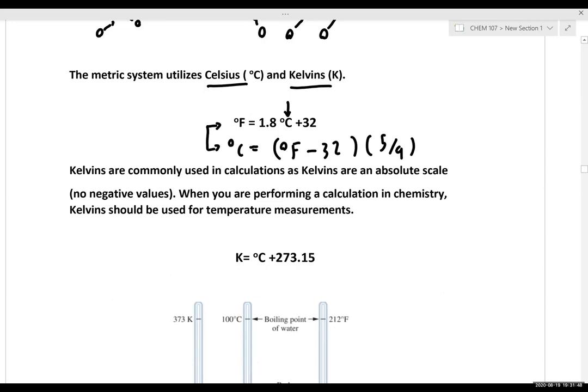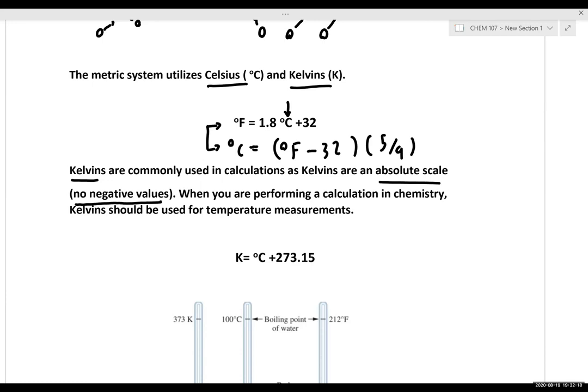Now, the most common temperature unit in chemistry is Kelvin. Kelvins are really useful because they're an absolute scale, so there are no negative values. This is really important because many equations in chemistry require you to enter the temperature in Kelvin, because entering a negative temperature value would result in an output that doesn't make physical sense.